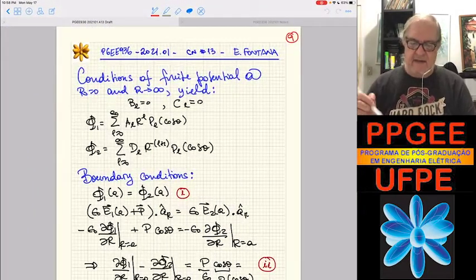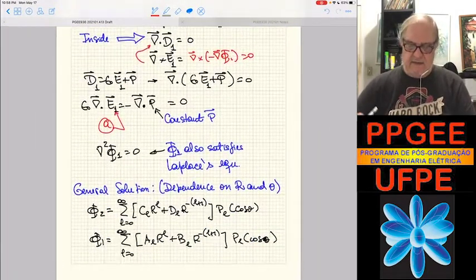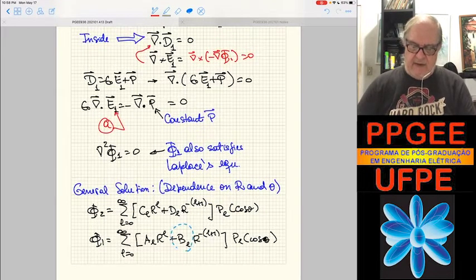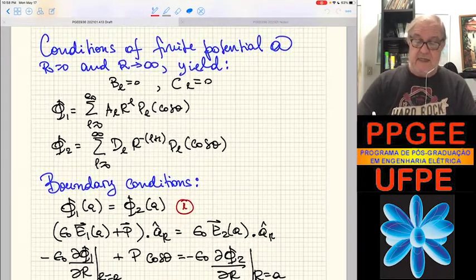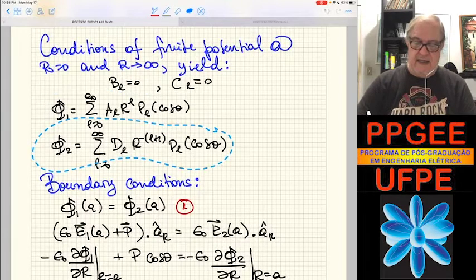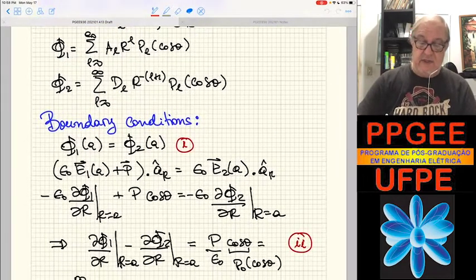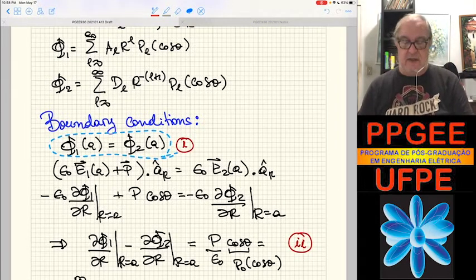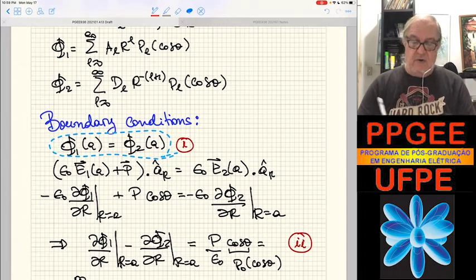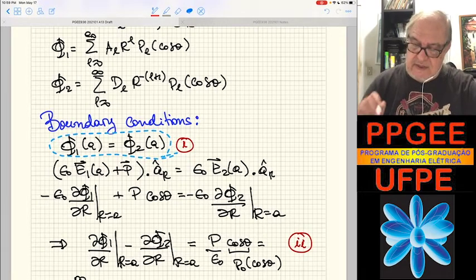If you do that, you're going to have, let me see if it is correct. Yeah. So BL equals 0, right? And CL equals 0, as mentioned in this next page. So the solutions are like this. And then we have boundary conditions. Well, continuity of the potential, and the other one is the normal component of D, I'm going to do separately here.